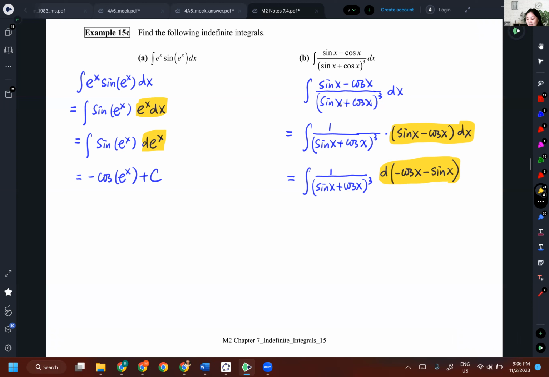Sine x dx is negative d cosine x. This is d negative cosine x. Cosine x is d sine x. So that is the huge thing, right? And then you take out the negative sign.